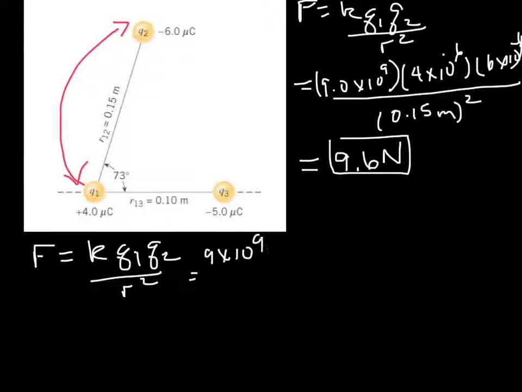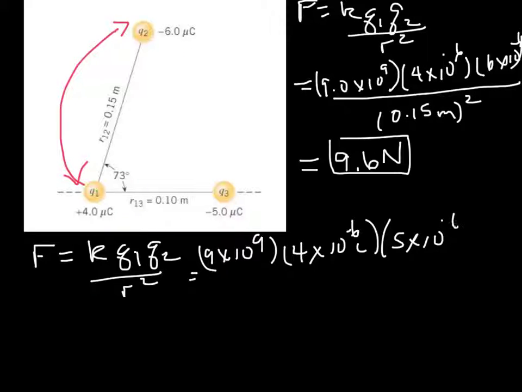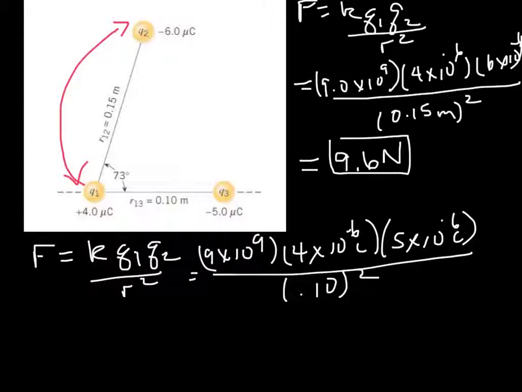That's 9 times 10 to the 9th times 4 times 10 to the minus 6 coulombs times 5 times 10 to the minus 6 coulombs, over the distance between those two charges, which is 0.1 meters, squared. Don't forget to square it. Pause and calculate.